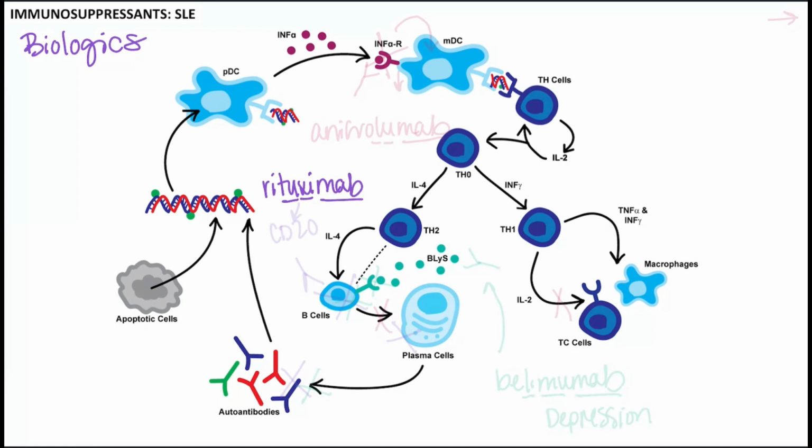So this agent is targeted at the B cell population, specifically at CD20. CD20 is an antigen that's found on pre and mature B cells, and when bound by rituximab induces apoptosis of these targeted cells so that they cannot become plasma cells to secrete those autoantibodies, which are a significant driver behind the loss of self-tolerance in SLE.